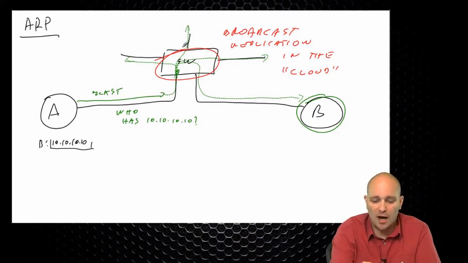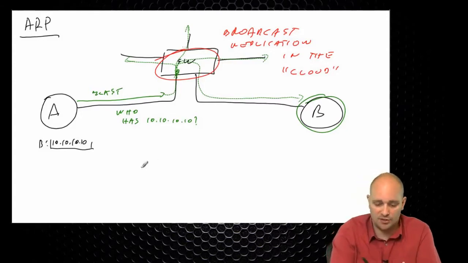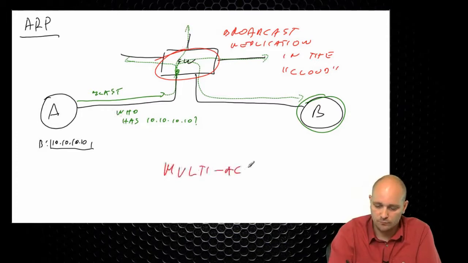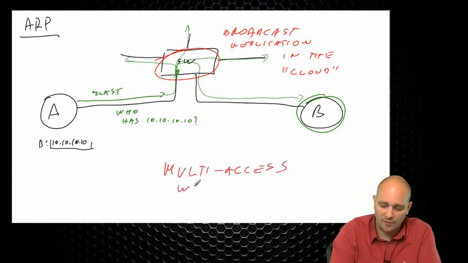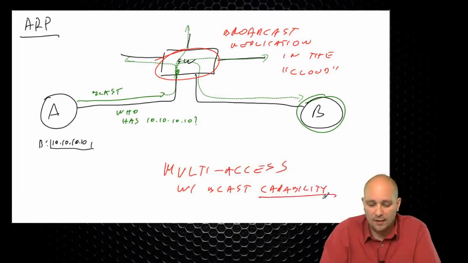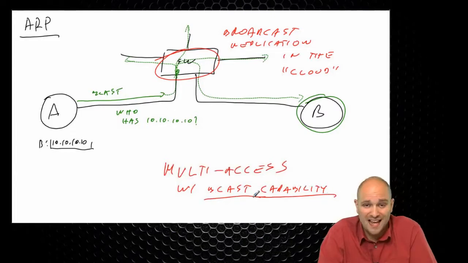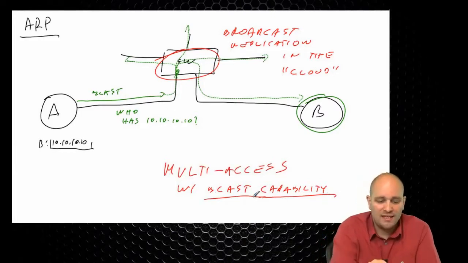Now, the reason why this is so simple is because Ethernet is a multi-access network with broadcast capability. Frame relay, on the other hand, is a non-broadcast network, which means it's a multi-access non-broadcast network, which means we cannot do this.